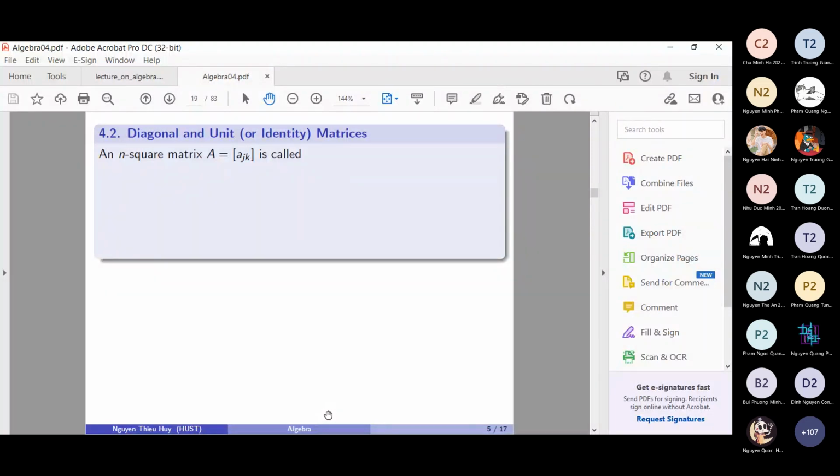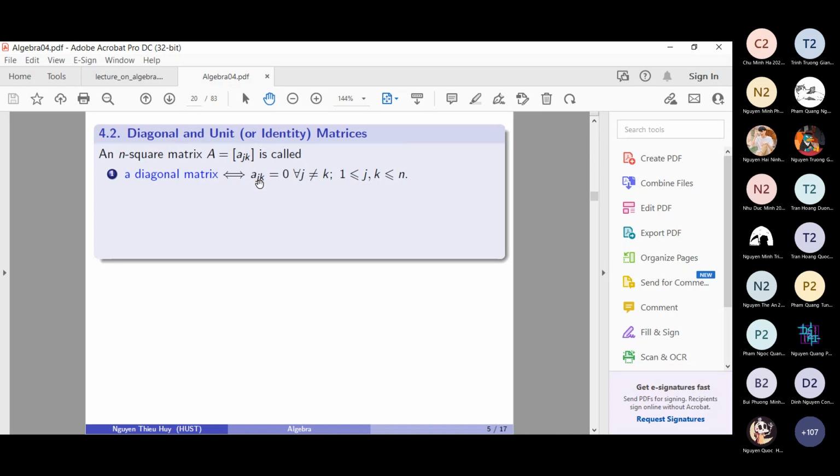So we call it square, and the number n denotes the number of rows or columns. So an n square matrix is called a diagonal matrix if and only if all of the entries outside the main diagonal are 0.